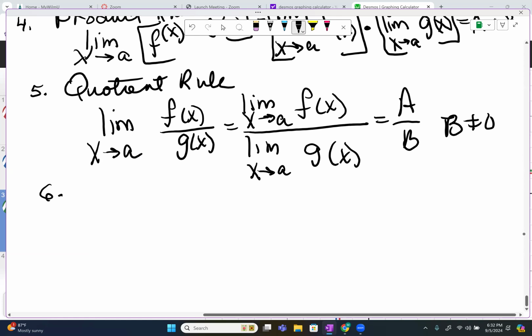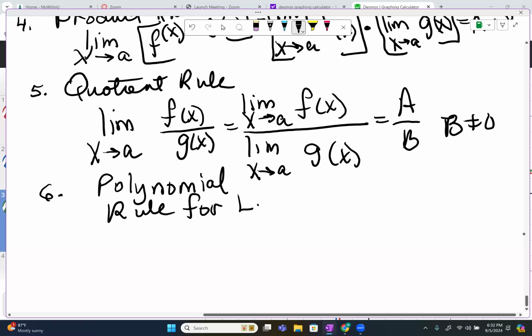Number 6 is the polynomial rule for limits. In the polynomial rule for limits, you're going to call p of x the polynomial.